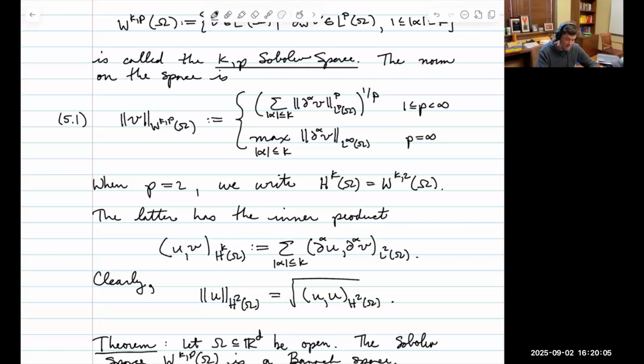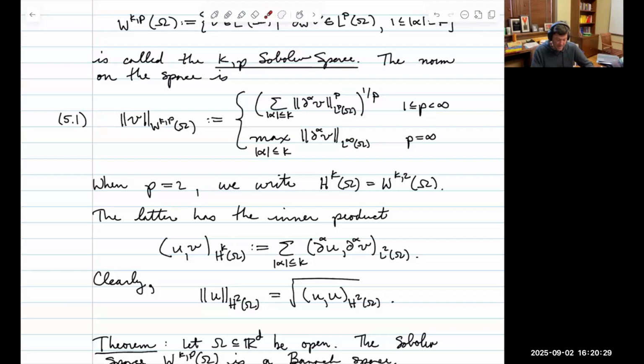The inner product, remember an inner product is always a function of two separate functions, two functions coming from the space H^k. So we're going to take two functions, u and v. You can call them points of the space if you like. But an inner product always takes two and gives you a real number from that.